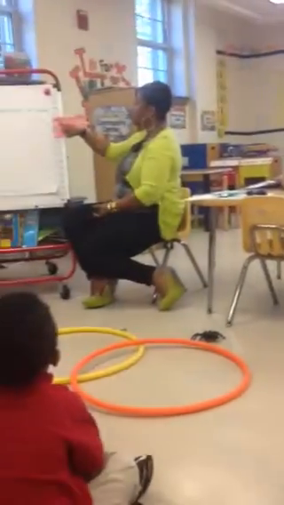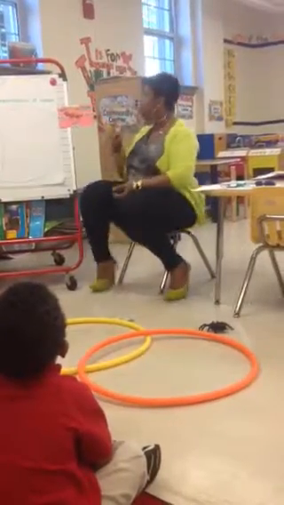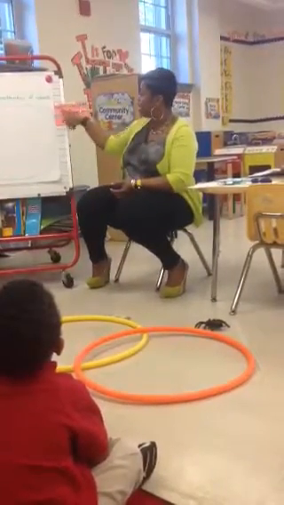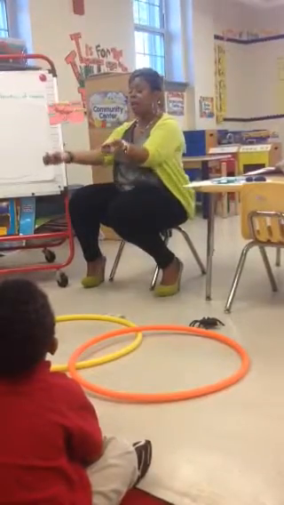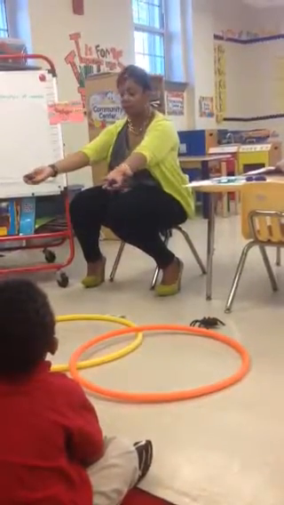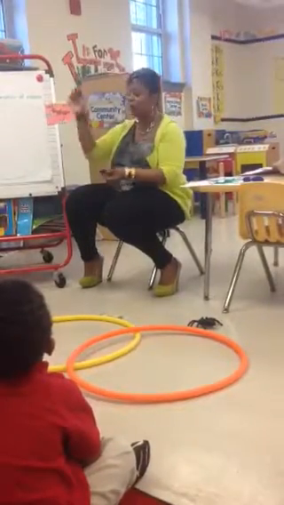So we said that insects have 3 main body parts. They have a head, a thorax, and an abdomen. So Miss Johnson has how many pieces of Play-Doh here? 3. I have 1, 2, 3.